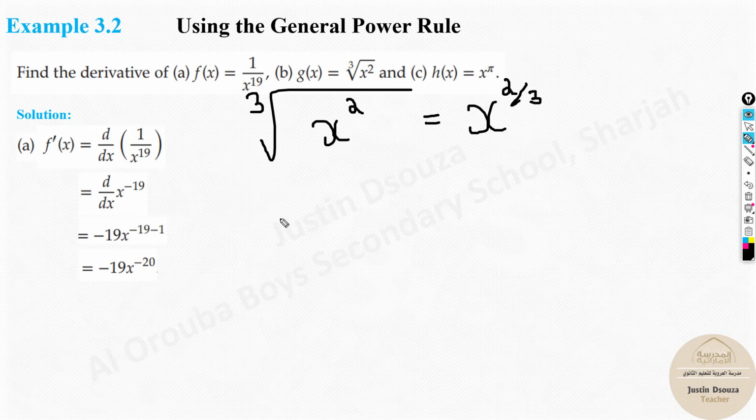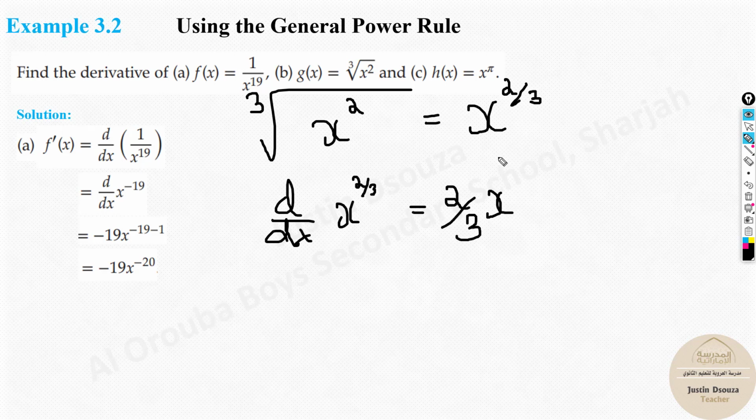So here, let's differentiate d by dx of x to the power 2/3. Now this 2/3 is going to come down to be the coefficient, 2/3 x to the power 2/3 minus 1. Now we can use a calculator over here if you're getting confused, 2/3 minus 1, but you know it is a simple expression. Minus 1 plus 2/3 would be negative 1/3.